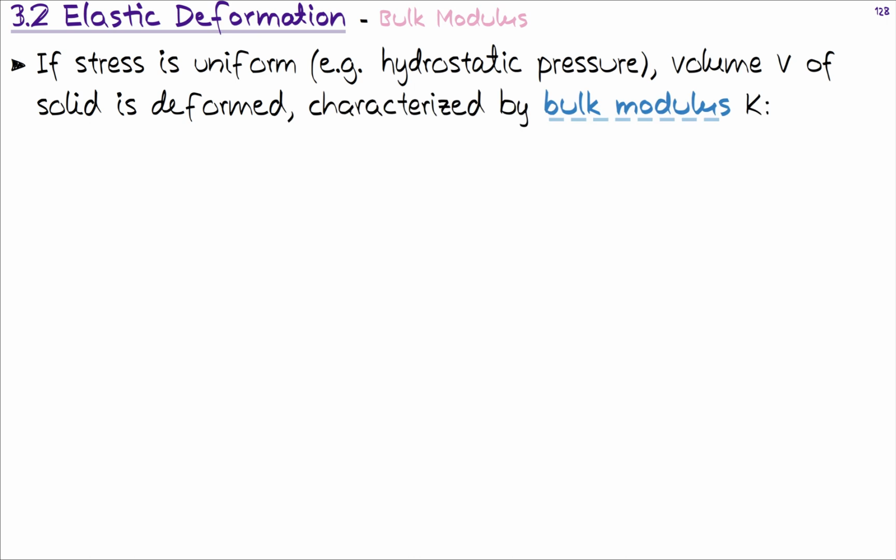And this is characterized by bulk modulus K. The bulk modulus K is defined as the minus of V, the original volume of the solid, times the derivative of pressure with respect to volume. So this is the definition.